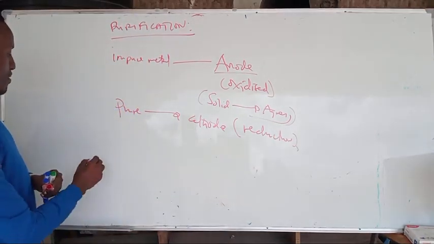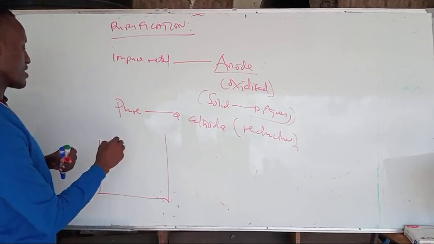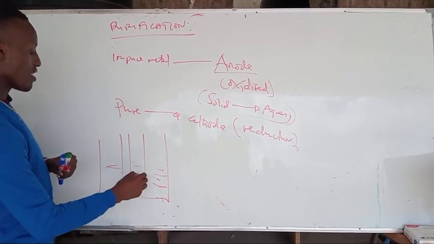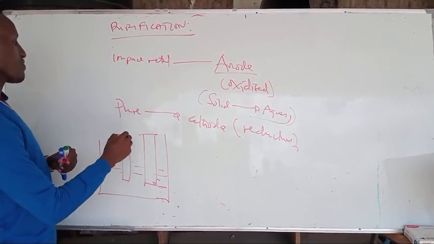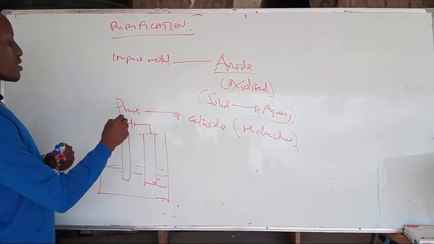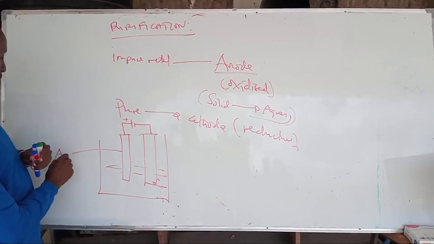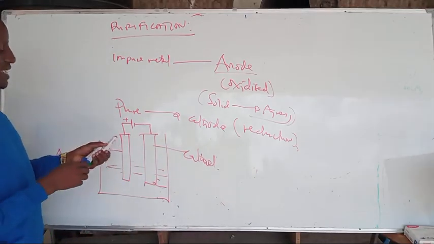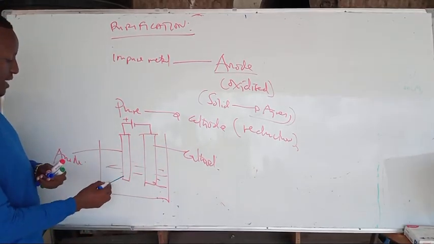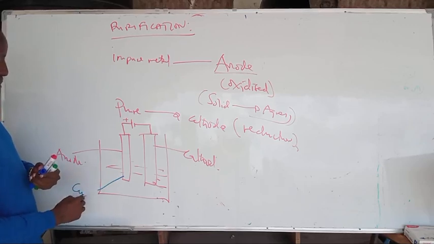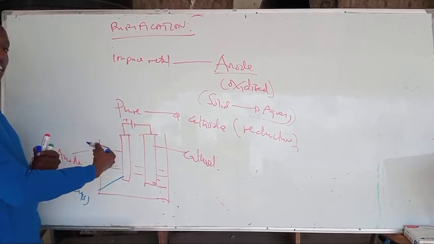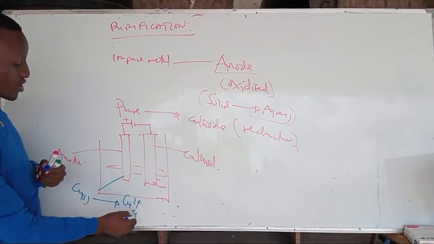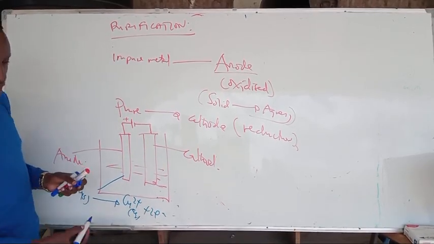For example, take blister copper. This is the electrolyte, and we have the electrodes. This is the positive one, the anode, and this is the cathode. The copper here is a solid, and it is oxidized into aqueous copper ions plus 2 electrons, according to its valence.